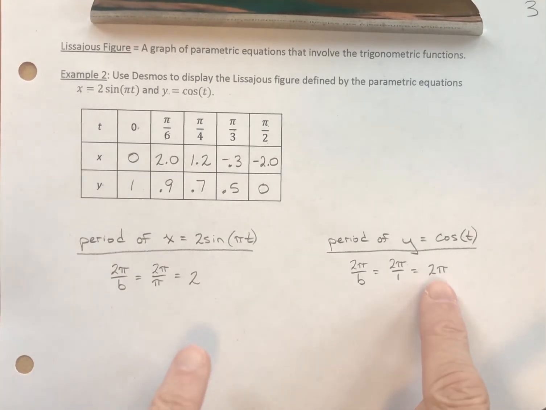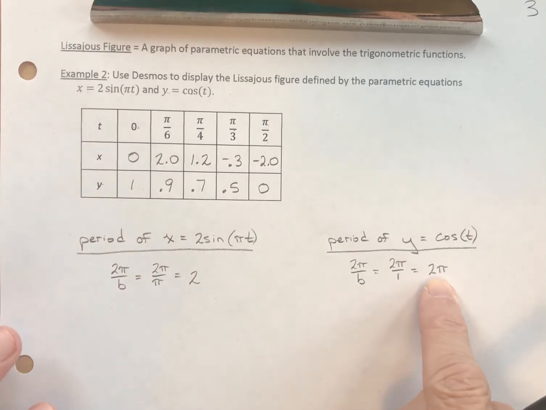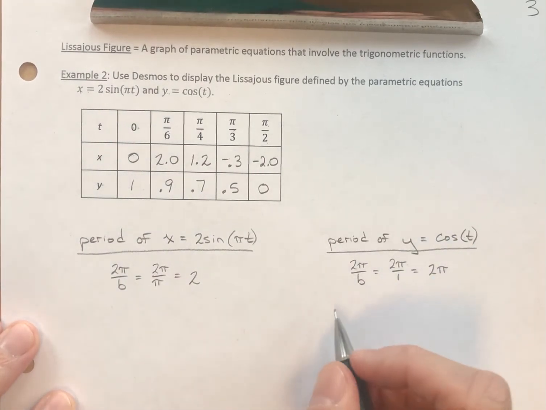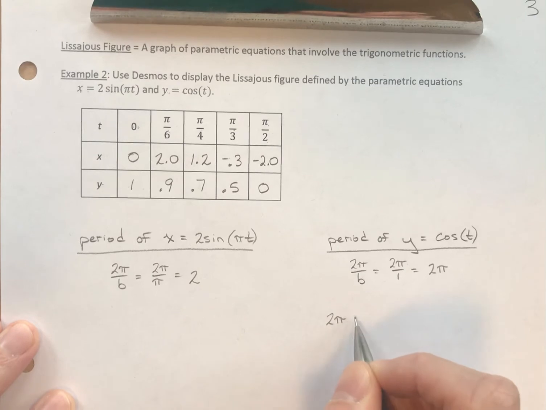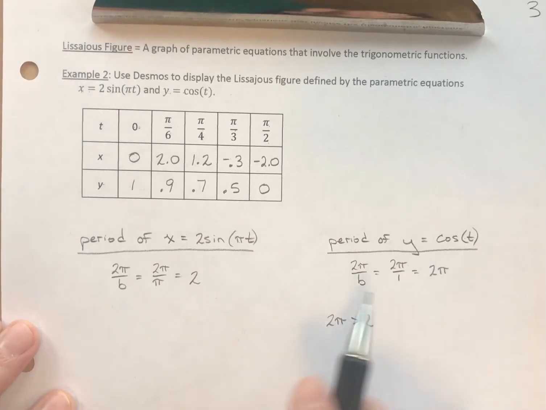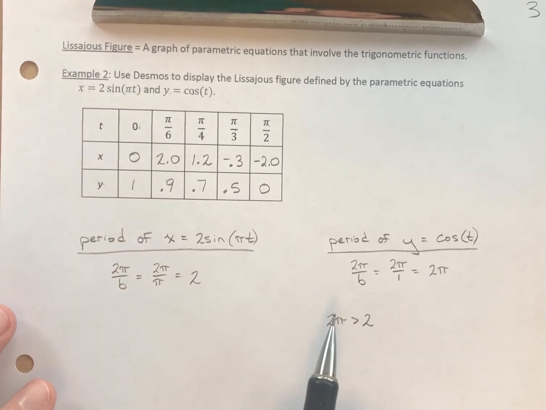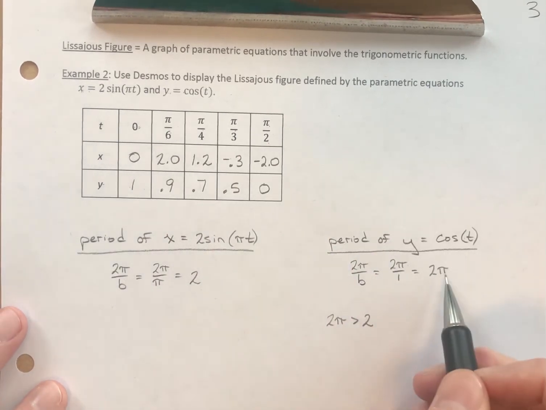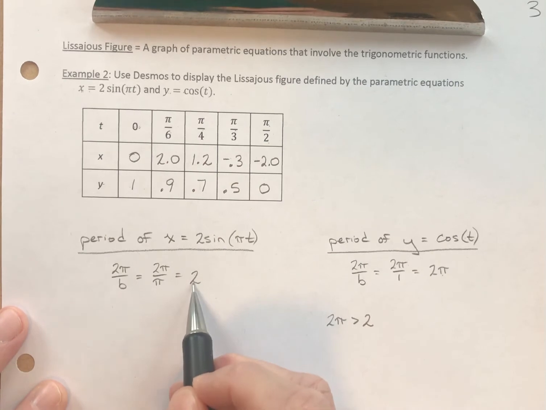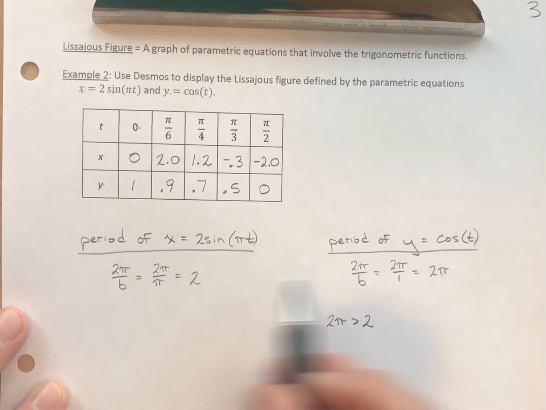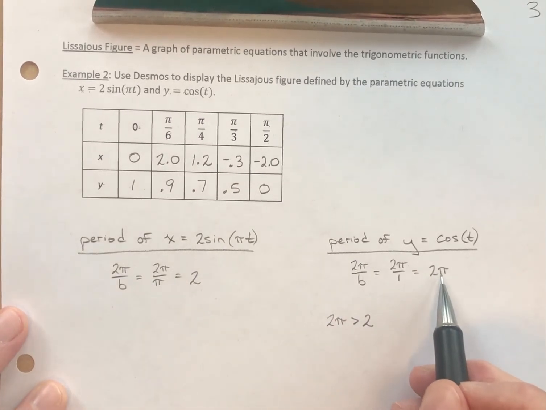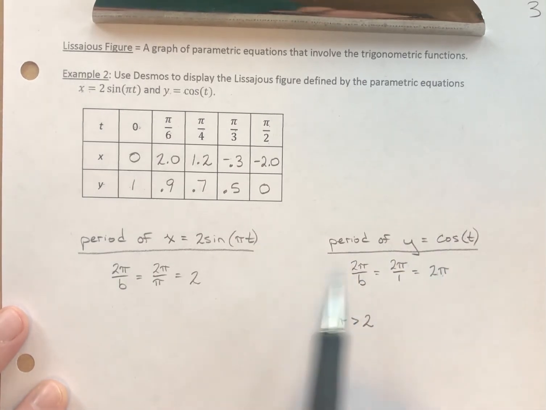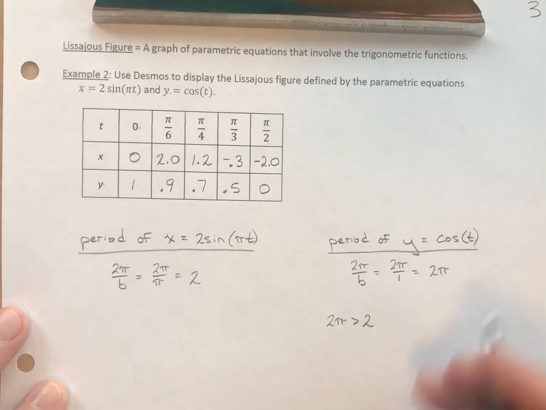Now notice 2 pi is greater than 2. Pi is approximately 3, 2 times 3 is 6. And we want to use the larger of the two to define our function, so we make sure we get an entire period in there. So we have to go to 2 pi. That'll have the x equation repeat itself a couple of times, but that's okay. We want to make sure we complete a full period of both, and the only way we complete a full period of both is if we go 2 pi units.